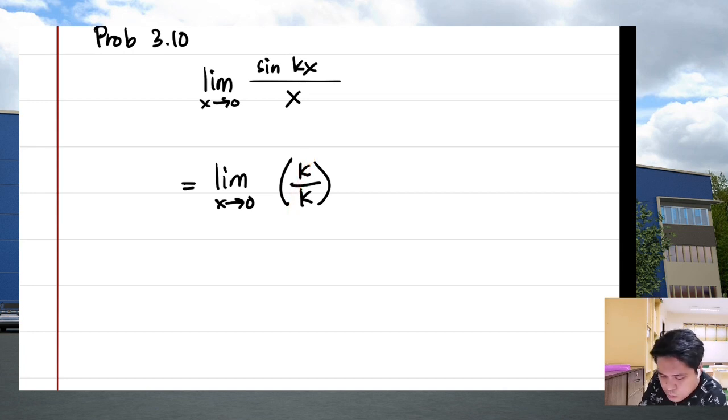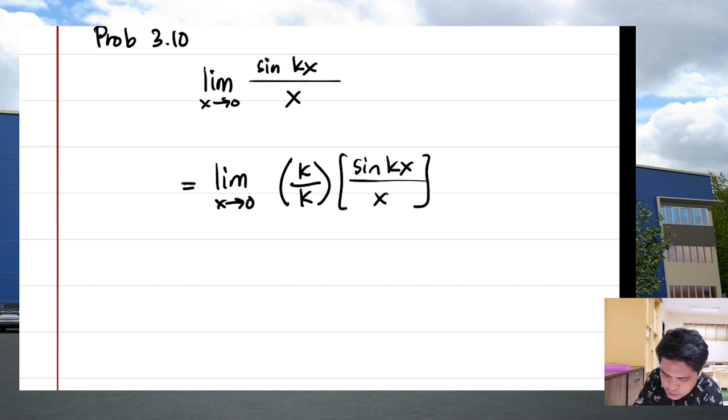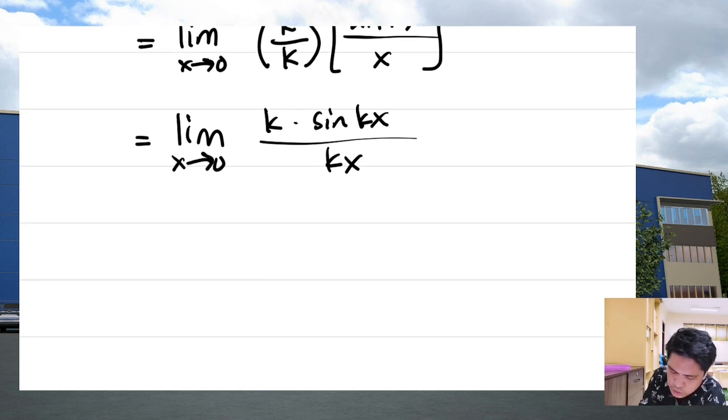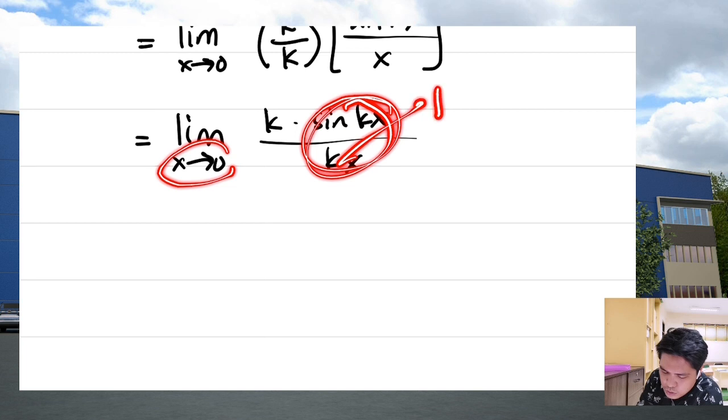So if we multiply a number by 1, the result is still the same, the number itself. So we'll have k over k times sine kx over x. So this becomes the limit of k times sine kx over kx as x approaches 0. So as x approaches 0, this approaches now to 1.